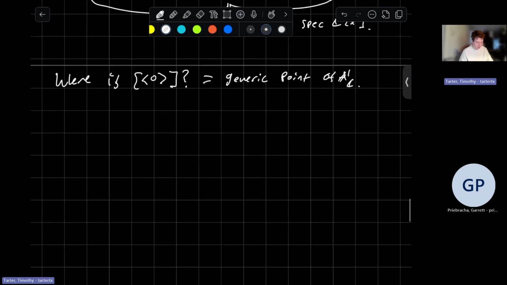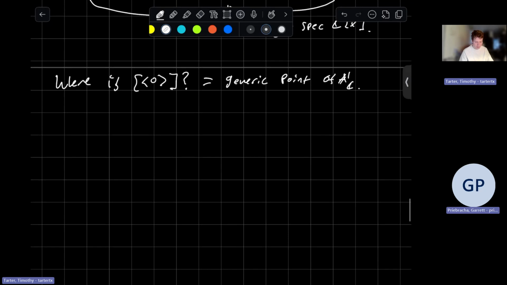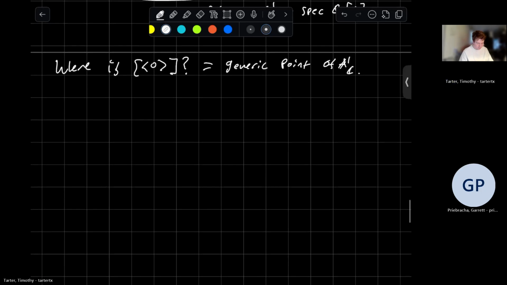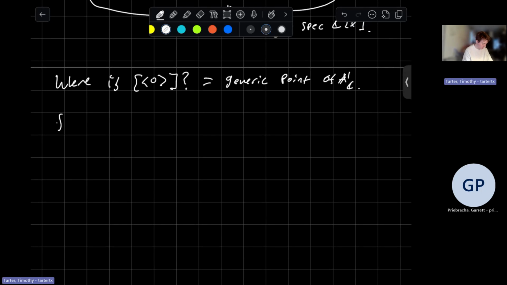So the functions on A1C are polynomials. So f of x equals x squared minus 3x plus 1 is a function.